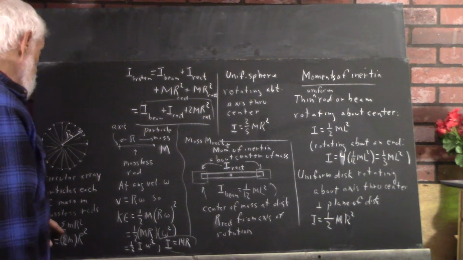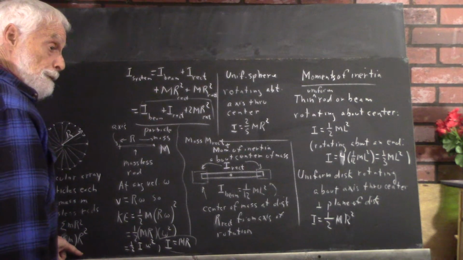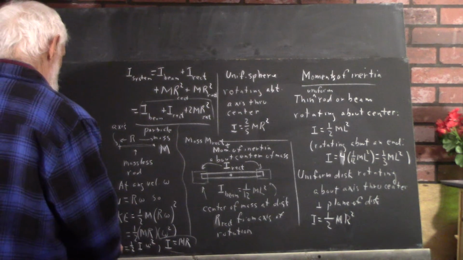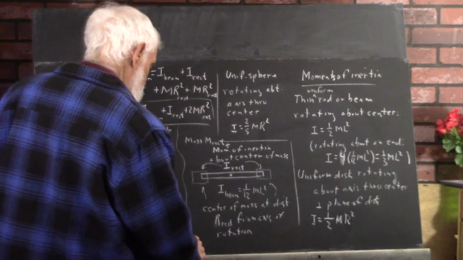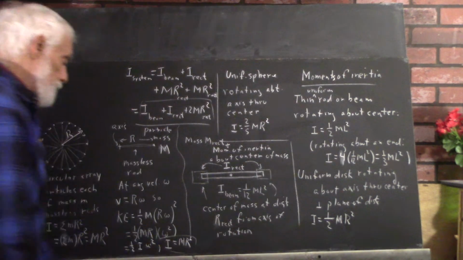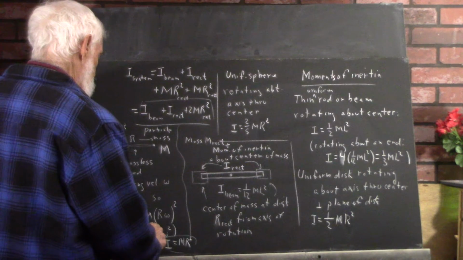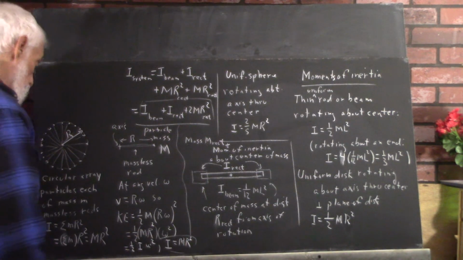So you have the sum of m, small masses, times r squared, which is big M r squared. I didn't put the square on this r here. Obviously, you need a square. When you square the r here, you get a square and so forth, okay?